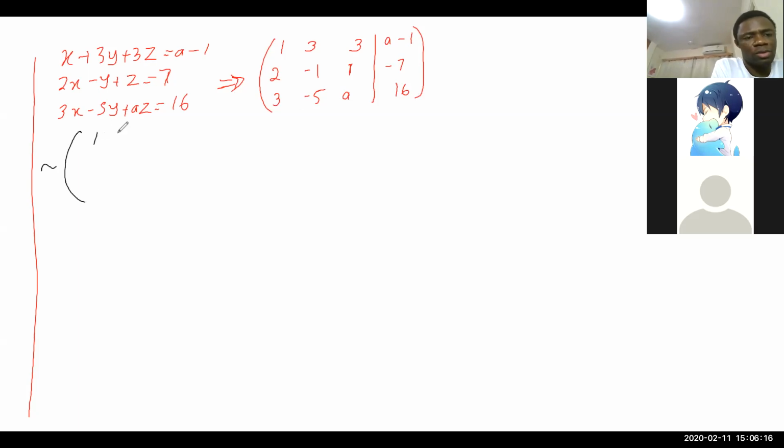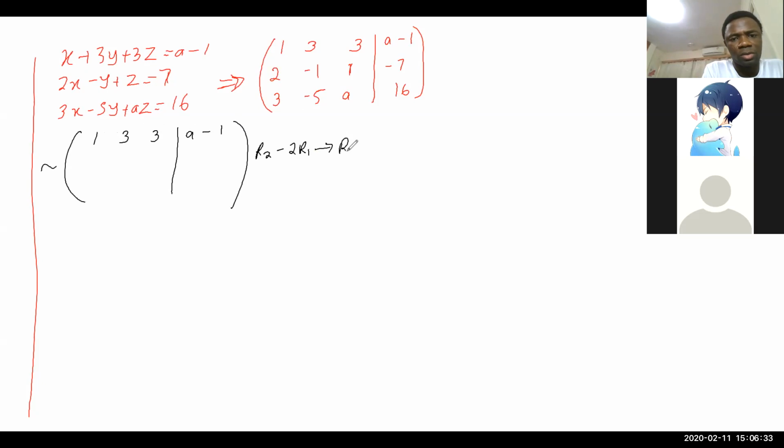First row remains. The second row, I want to make this 0. So it has to be row 2 minus 2 row 1 as the new row 2. Similarly, row 3 minus 3 row 1 is my new row 3.